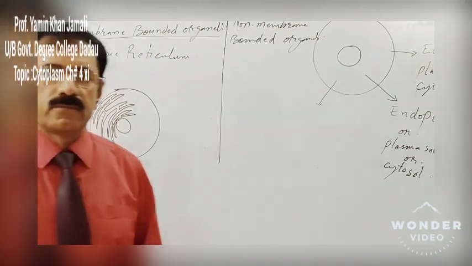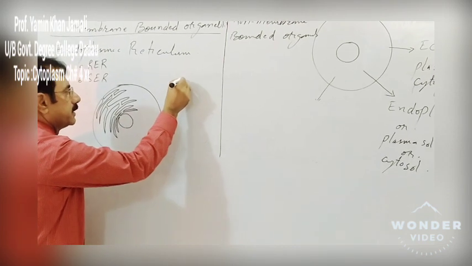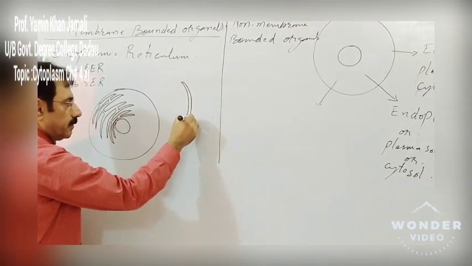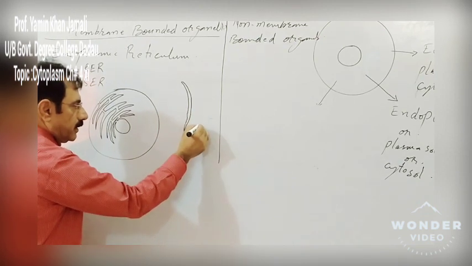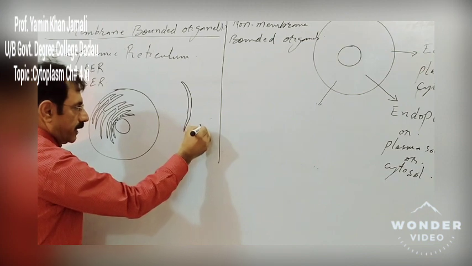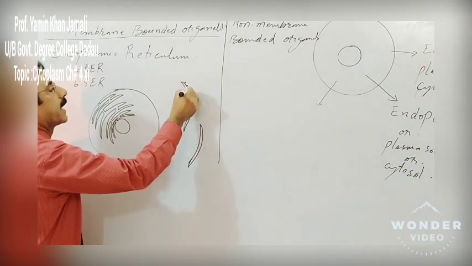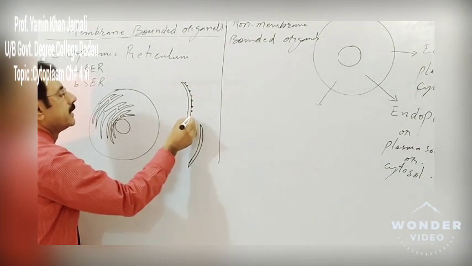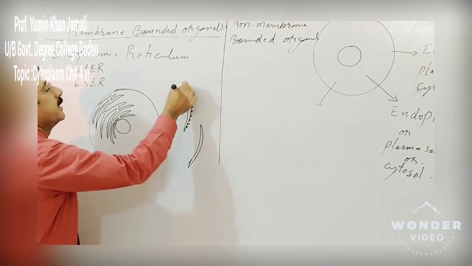They differ from one another in having, let us draw the two types of endoplasmic reticulum. Suppose this is an endoplasmic reticulum, and this is also an endoplasmic reticulum. The rough endoplasmic reticulum is associated with granules of ribosomes.